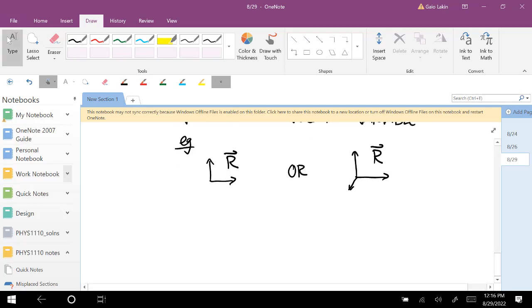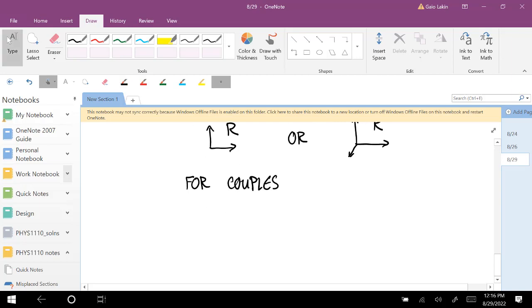For couples, again, we're not doing these yet, but we're going to show our vectors with double heads like this.